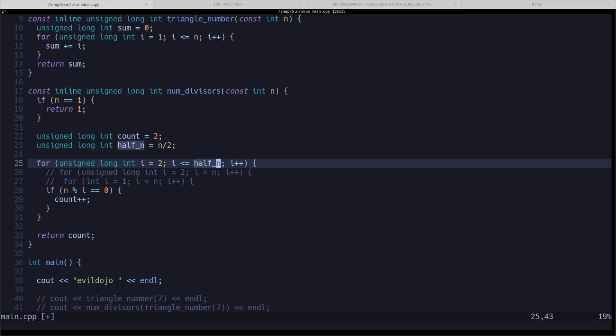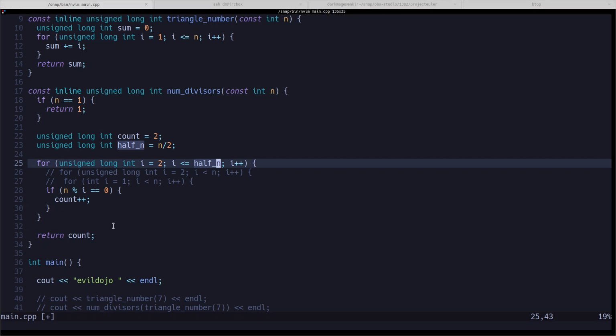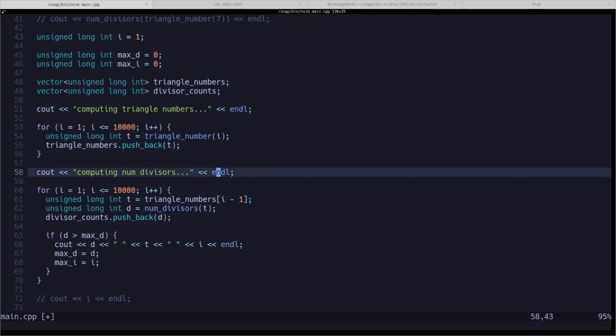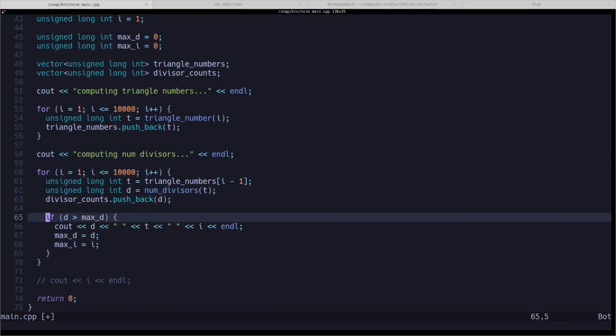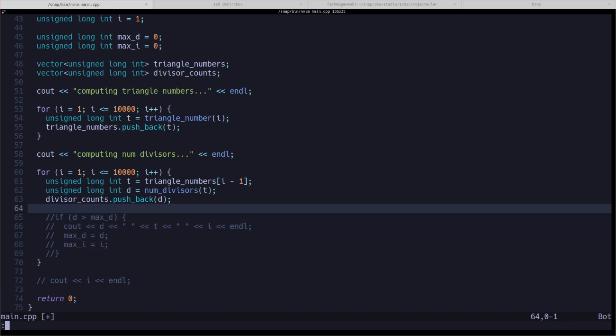This is taking longer than I thought it would take. We need a fast modulus now. Let's go ahead and cut out the comparison right here, on the off chance that we just get lucky.